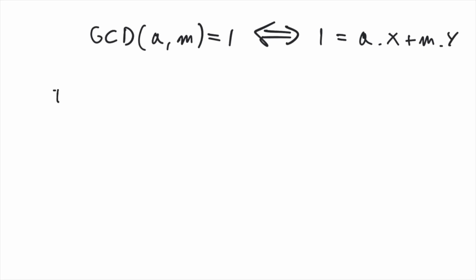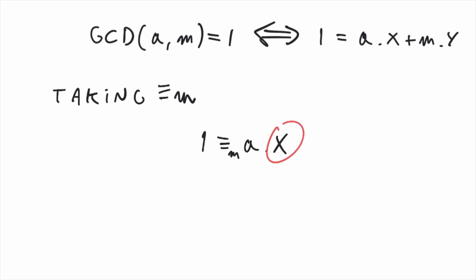Then, taking mod M, we have that 1 is equal to A times x mod M. And this means that x here is nothing else than A inverse. So we just have to keep track of x and y during the computation of the greatest common divisor.